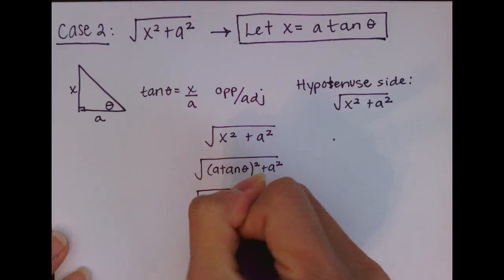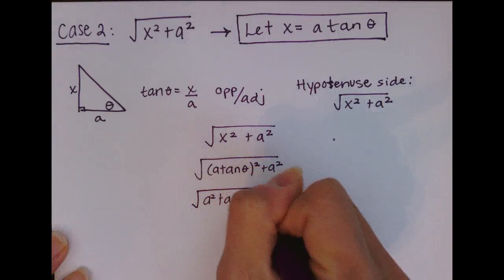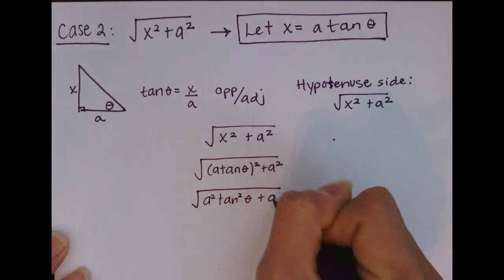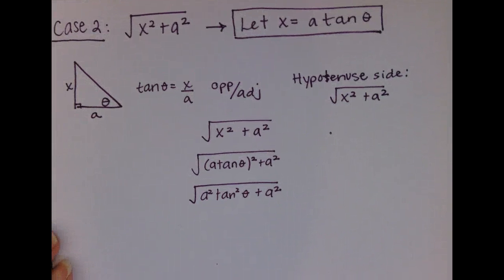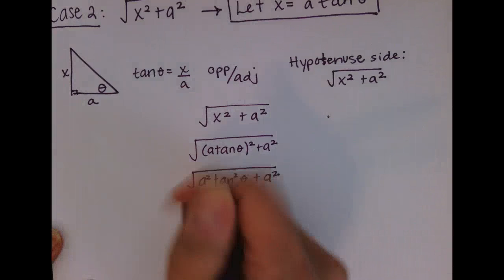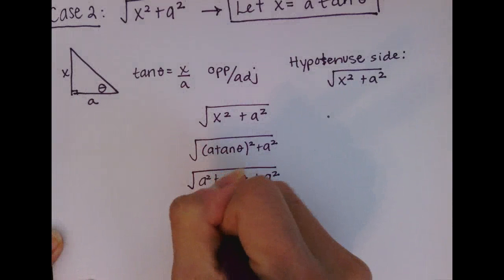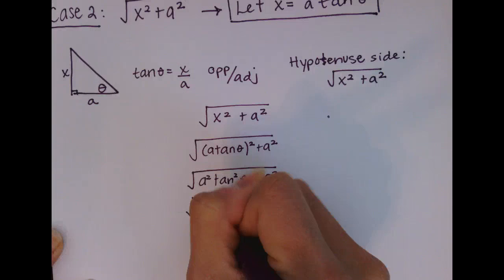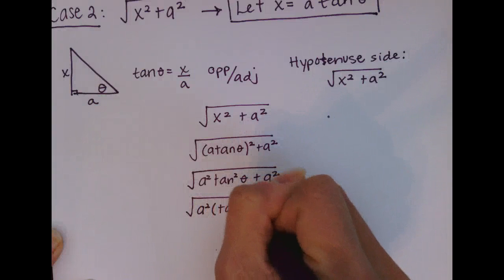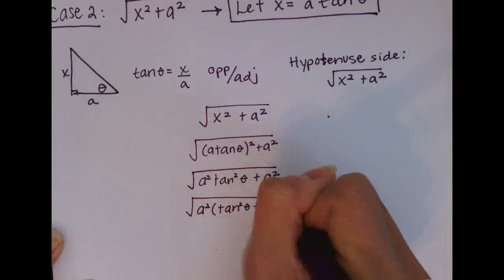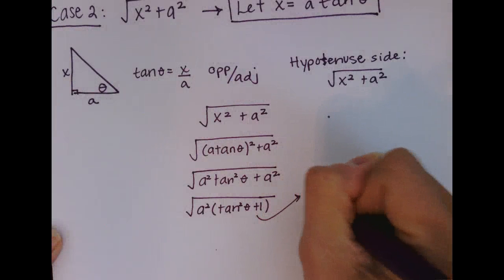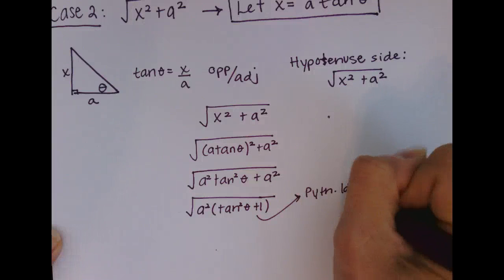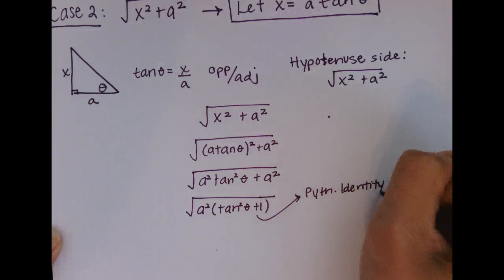If we square that term, we'll get this expression. And then let's factor out that a squared from both terms. From here, let's once again recognize that we have a Pythagorean identity.